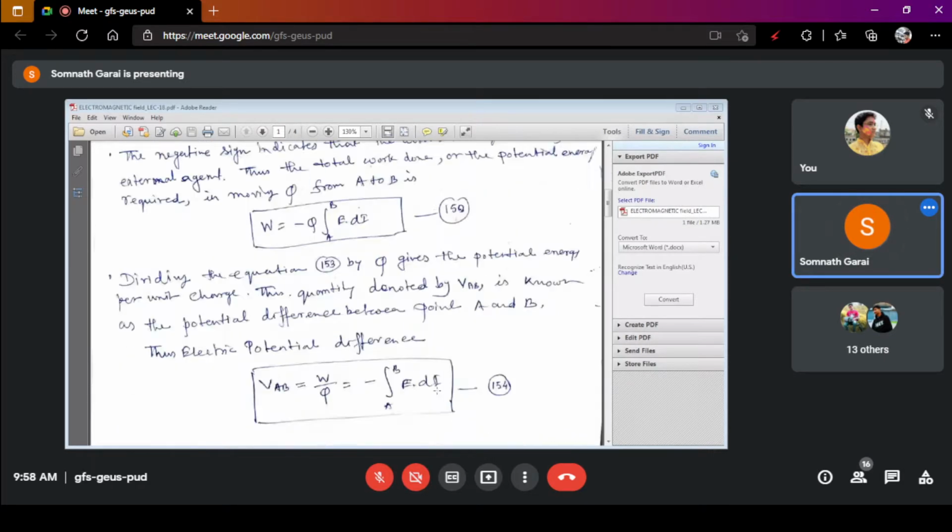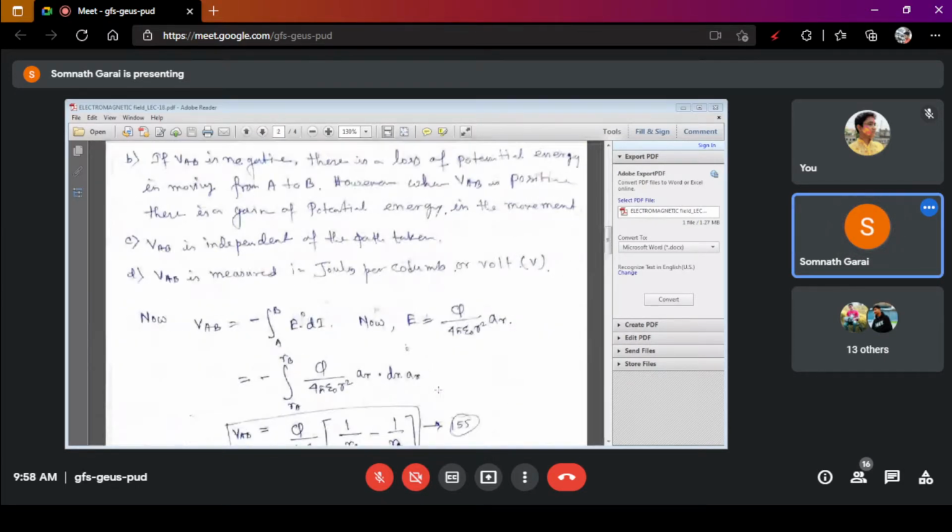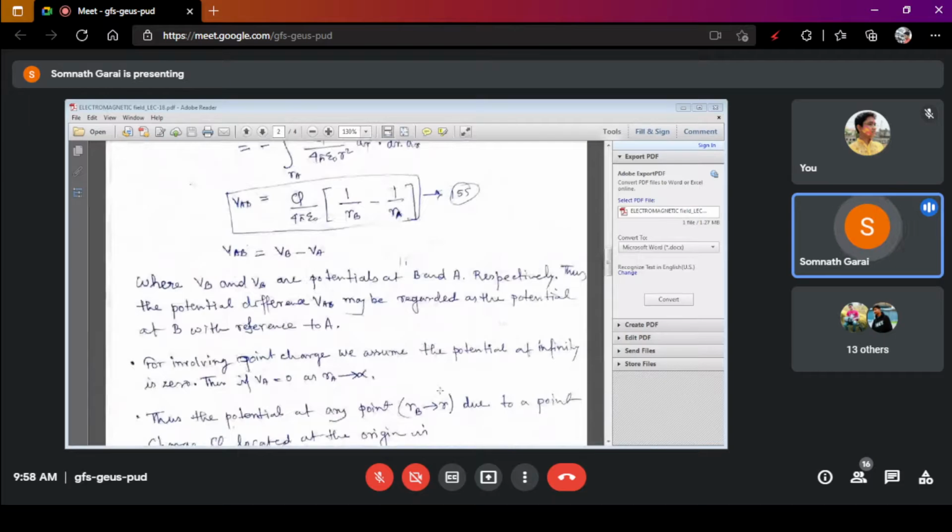So this equation becomes, if a point charge, we assume the potential at infinity is 0. You know that the potential at an infinite point is 0.